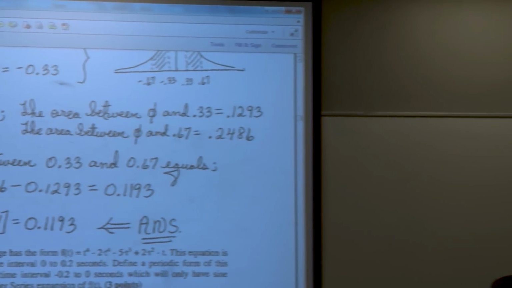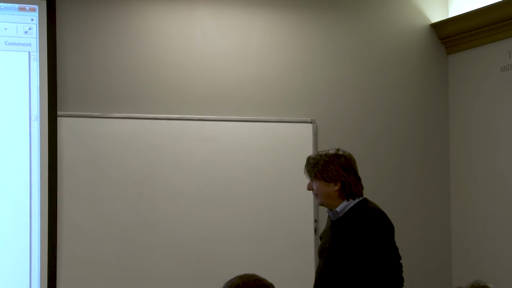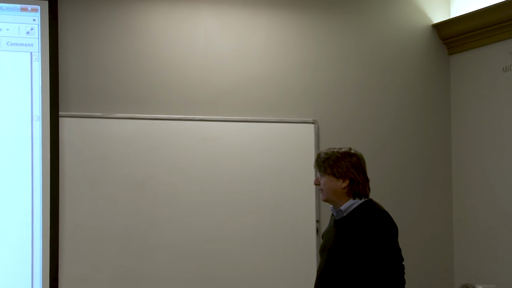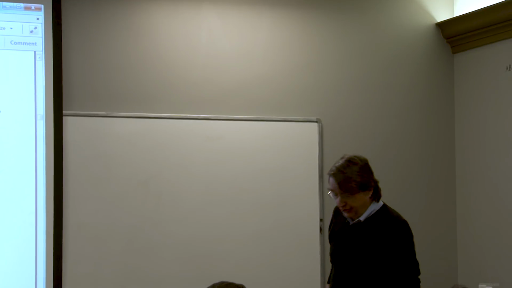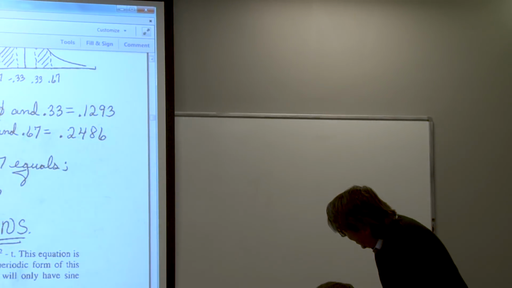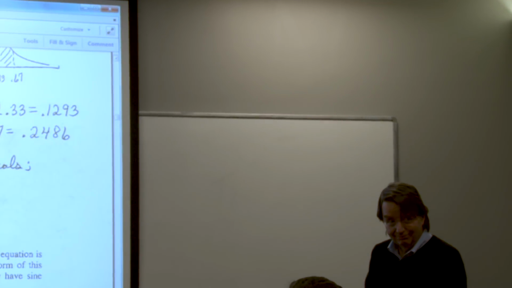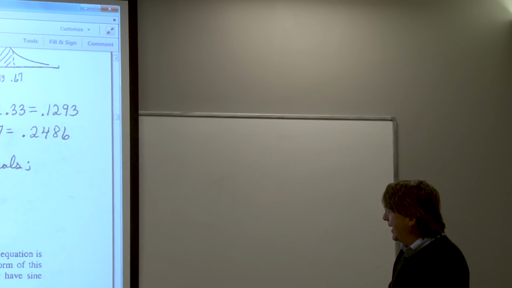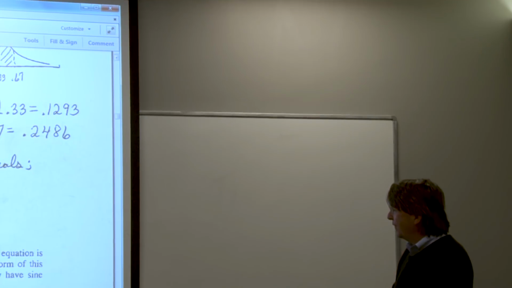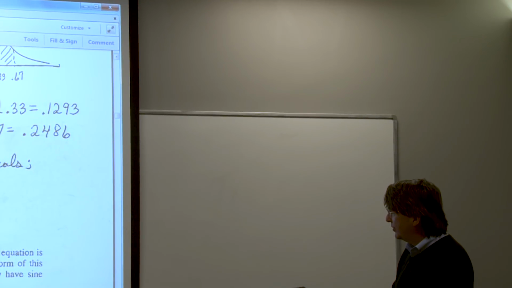All right, so we have a transient voltage given by this. This equation is valid from 0 to 0.2 seconds. So, Kristen, right away, I know that it is not periodic. Now, define a periodic form of this function from minus 0.2 to 0, which will have only sine terms in the Fourier series expansion.